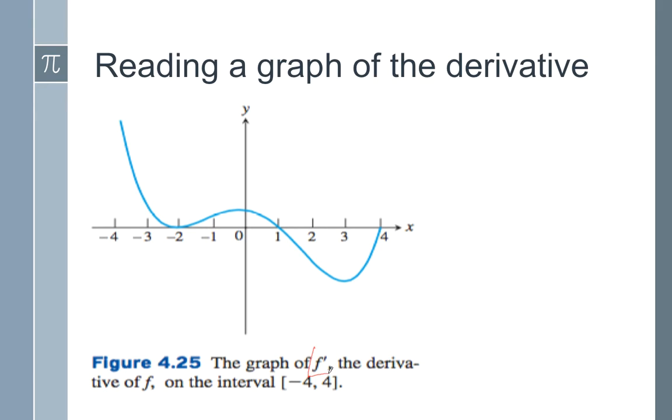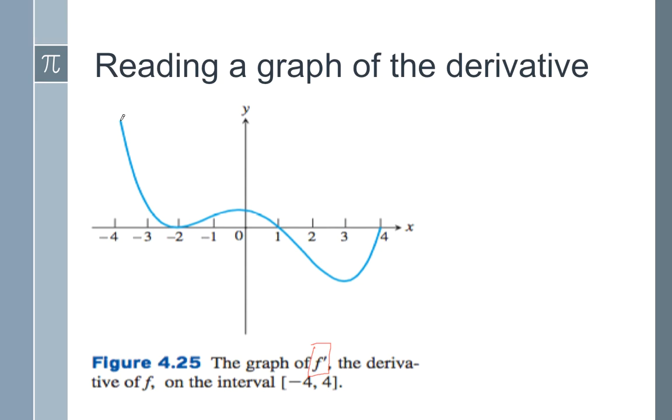First of all, you need to read that this is not the graph of f of x, but rather the graph of f prime. So you need to understand that this is the derivative function, not the original function. So there's some things we can do. We can actually try to sketch a possible example of what the graph of f is going to look like.